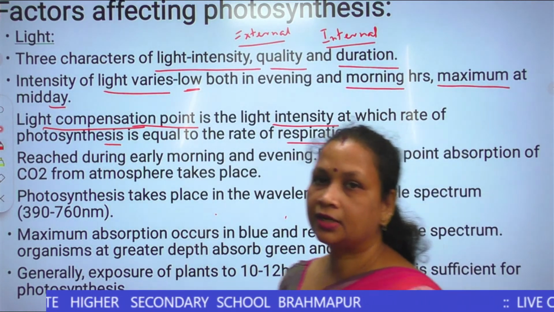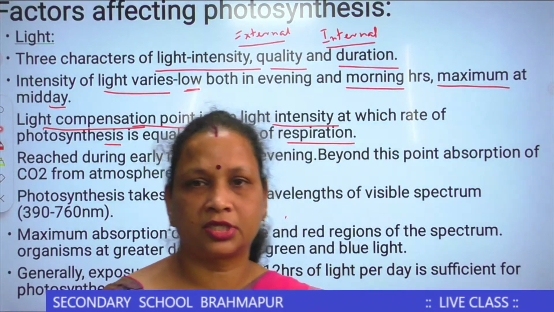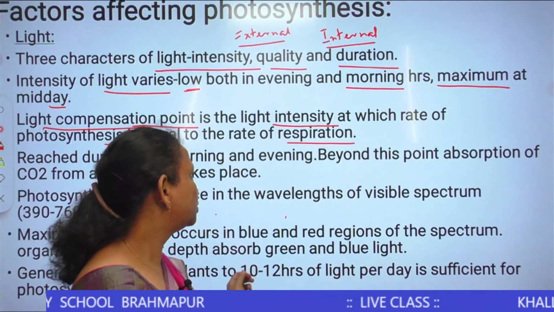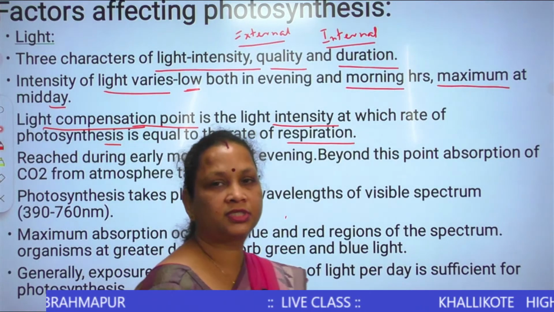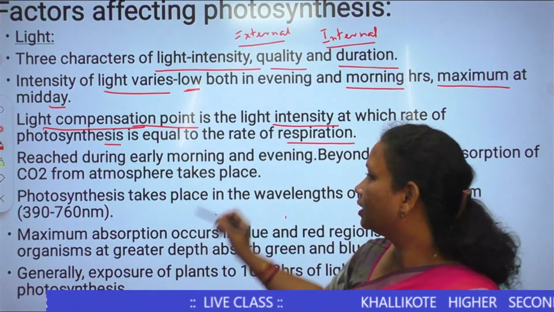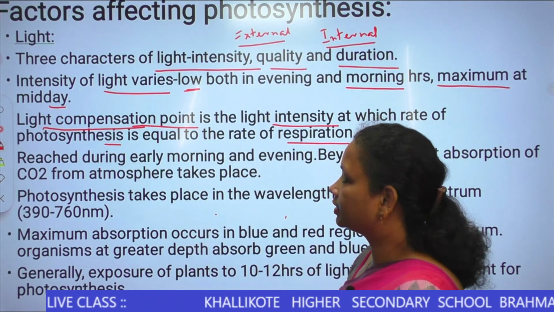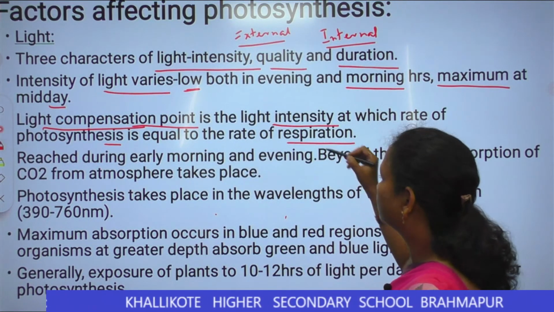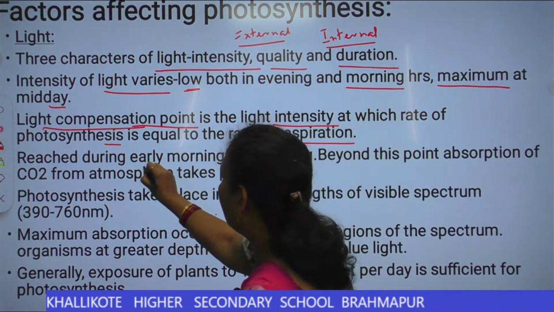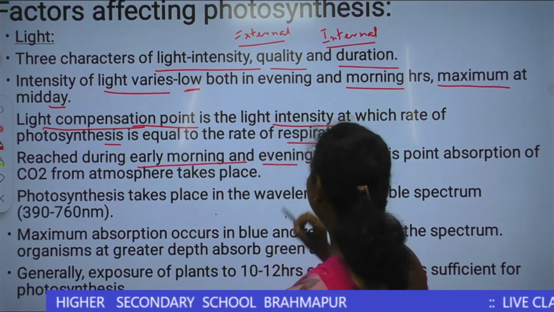When the rate of photosynthesis is equal to the rate of respiration, we say that point is the light compensation point. So, when does it occur? This is reached during the early morning and evening.